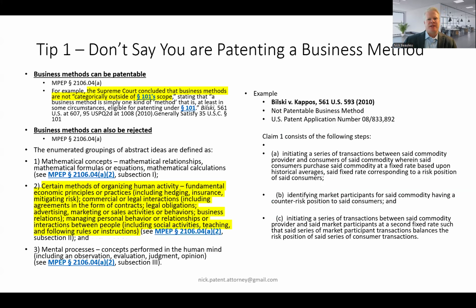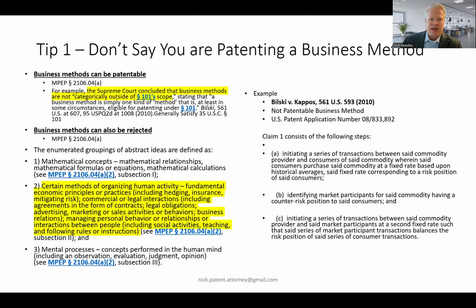So tip 1, don't say you're patenting a business method. This goes back to the main issue. From MPEP 2106.04(a), they're quoting the Bilski case. It says, the Supreme Court concluded that business methods are not categorically outside of 35 U.S.C. 101 scope, stating that a business method is simply one kind of method that is, at least in some circumstances, eligible for patenting under section 101.